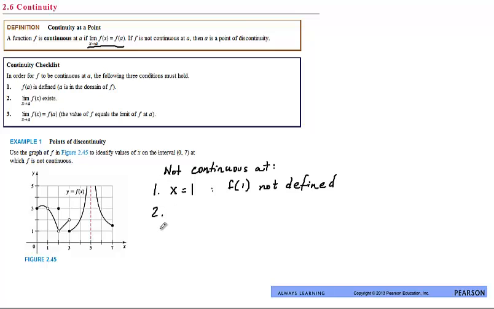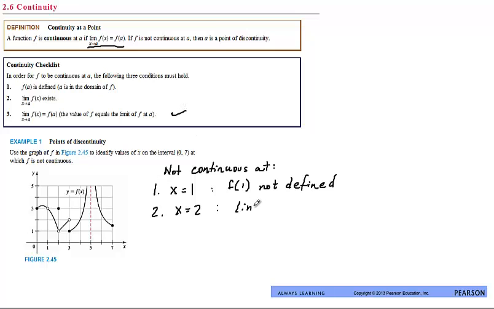Number 2, it is not continuous at x equal 2. The reason is that continuity checklist item number 3 is violated.